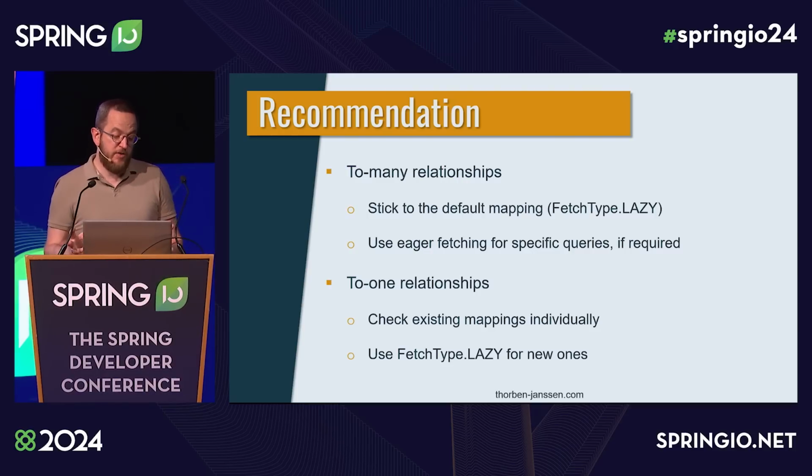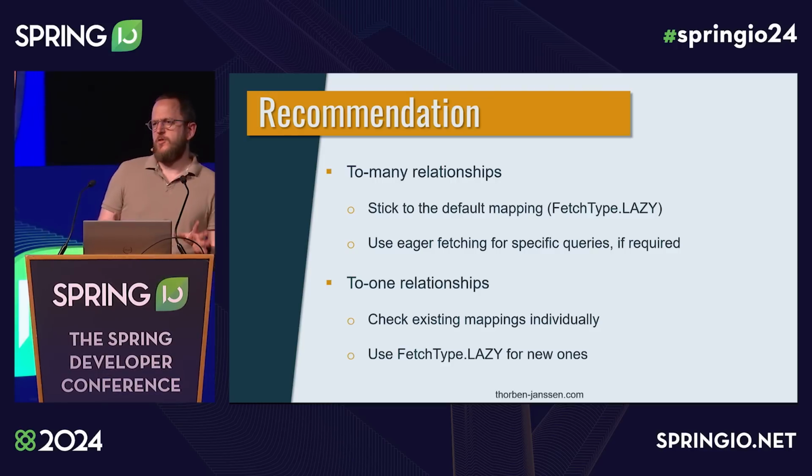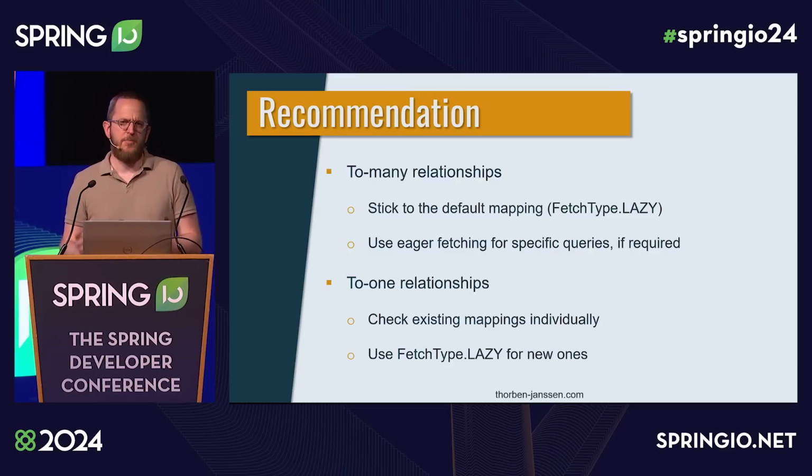For to-one associations, the situation is a little tricky. For all new associations, I would always say use fetch type lazy. For the existing ones, it would be nice if you change it to fetch type lazy because it's more efficient. On the other hand, there are many situations in which switching from eager fetching to lazy fetching for that specific association doesn't make a huge difference, but then causes issues in your business logic because you then have to handle the lazy fetching.